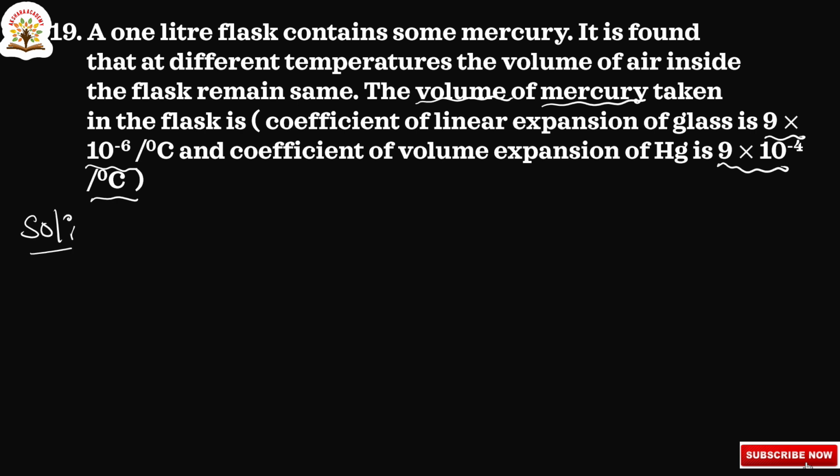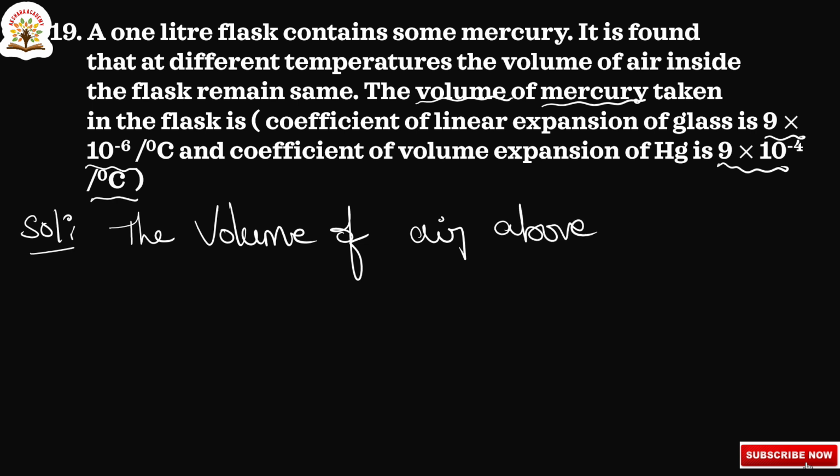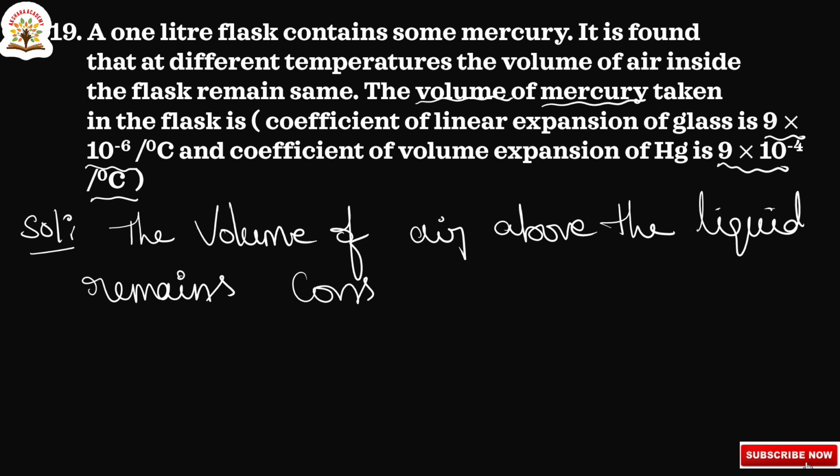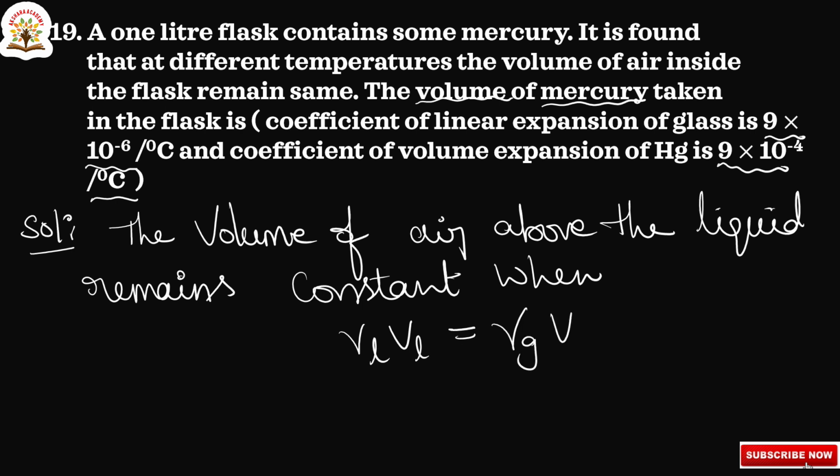Here the volume of air above the liquid remains constant when gamma L VL is equal to gamma G into Vg.